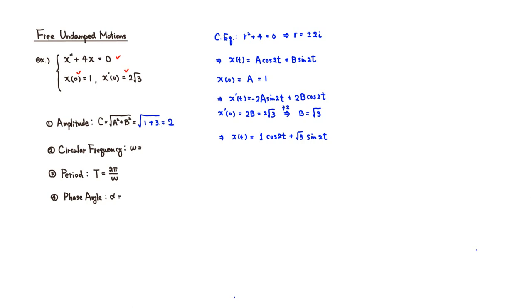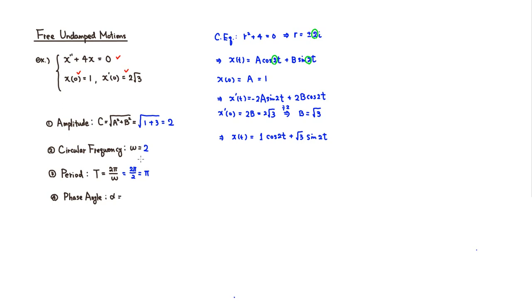And the circular frequency is just simply 2. It shows up here and here, which comes from the roots of the characteristic equation. And we know the period too: 2 pi over 2, which is pi.